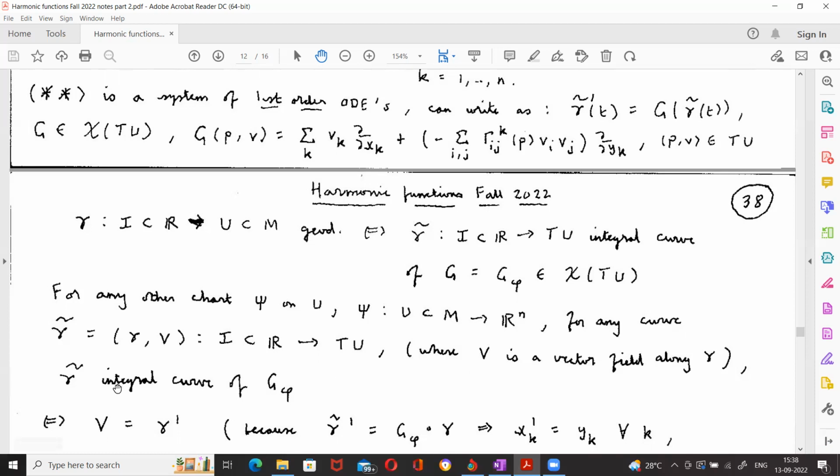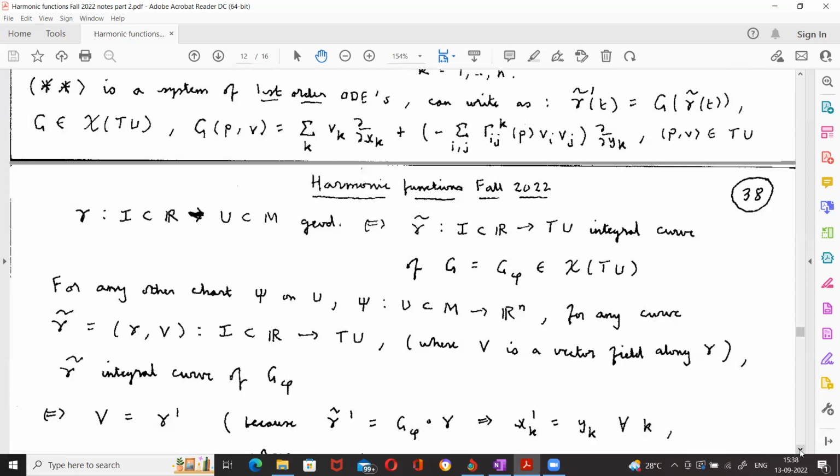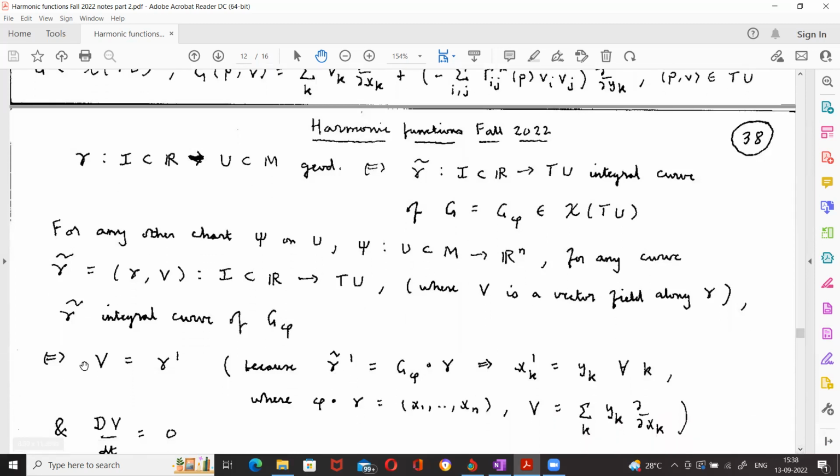So gamma tilde will be an integral curve of the vector field G sub phi if and only if, first of all, the vector field V along gamma has to equal gamma prime. Why is that? If gamma tilde is an integral curve of G phi, that means that gamma tilde prime is equal to G phi composed with gamma.